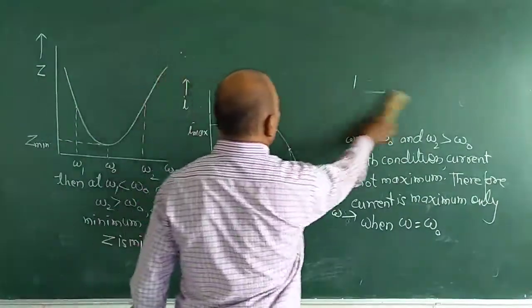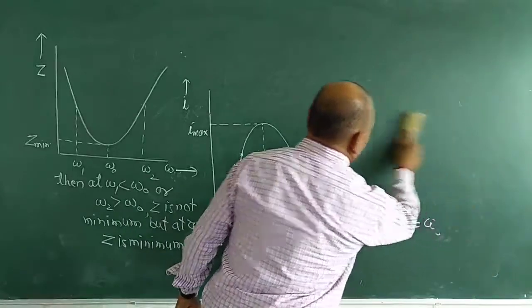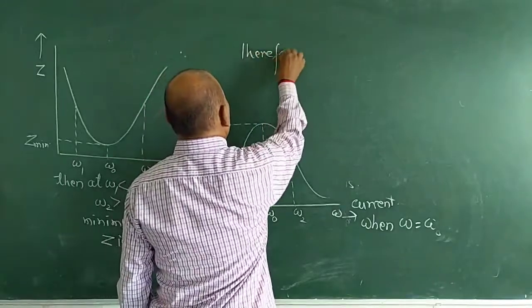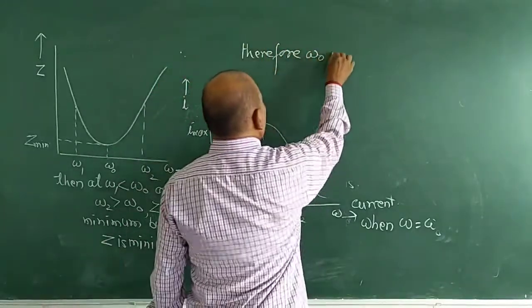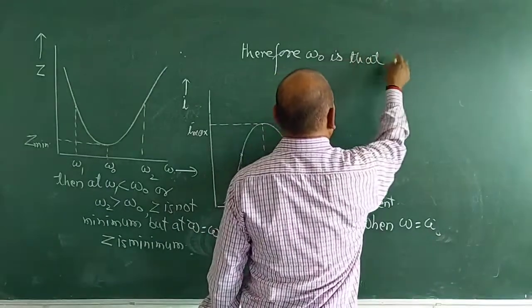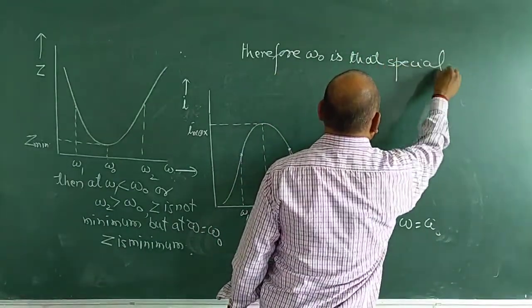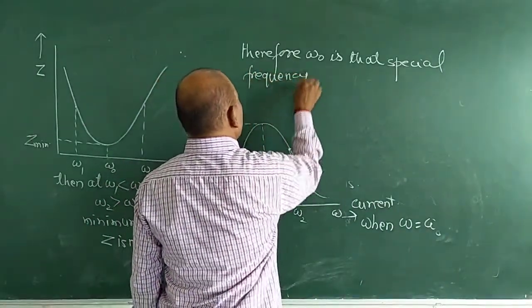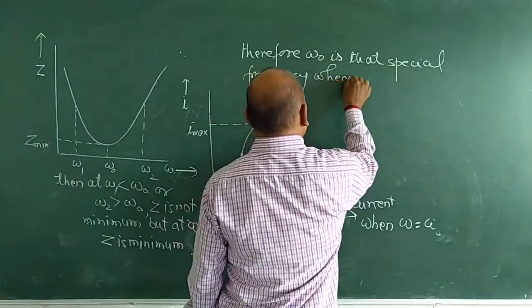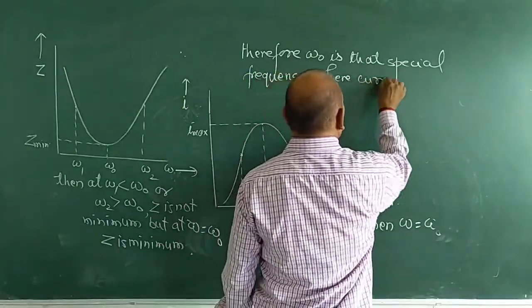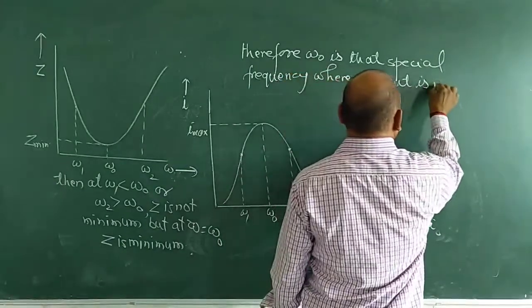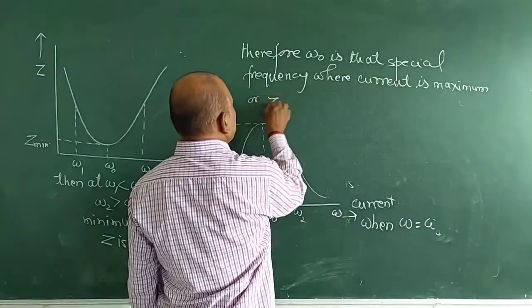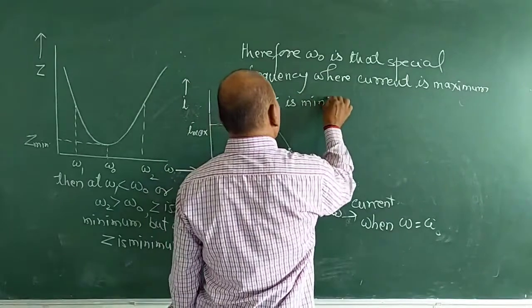Therefore, omega 0 is that special frequency where current is maximum or Z is minimum.